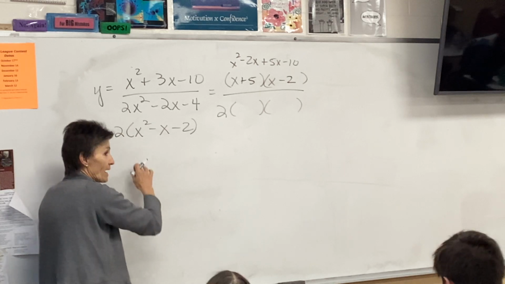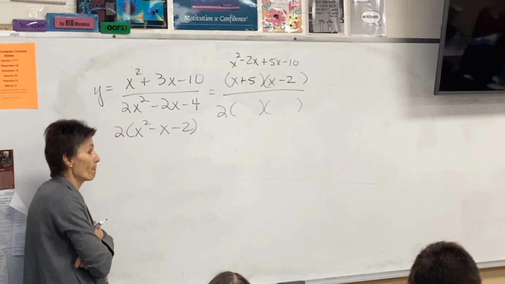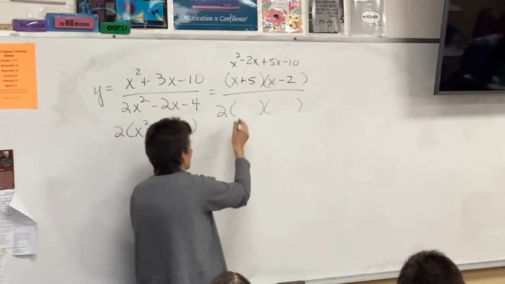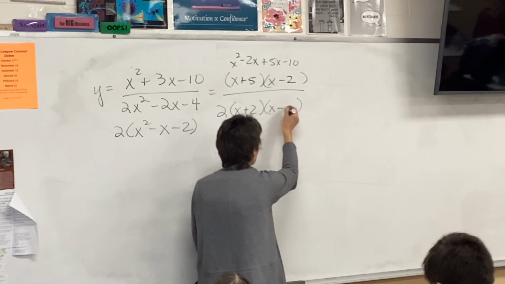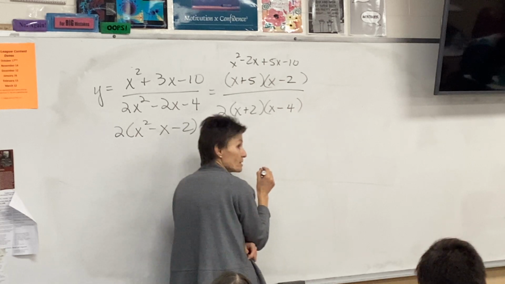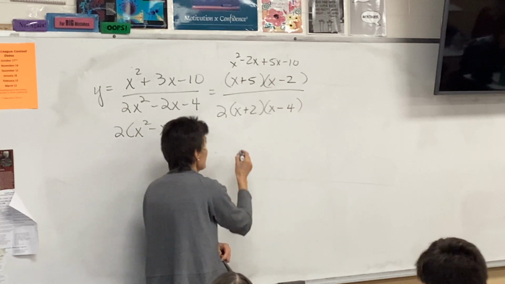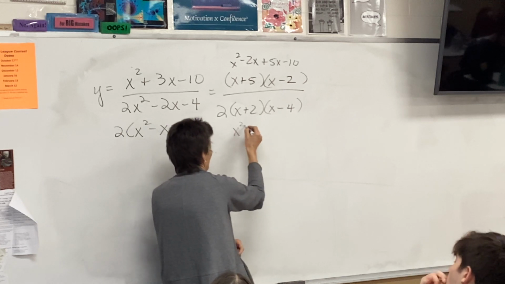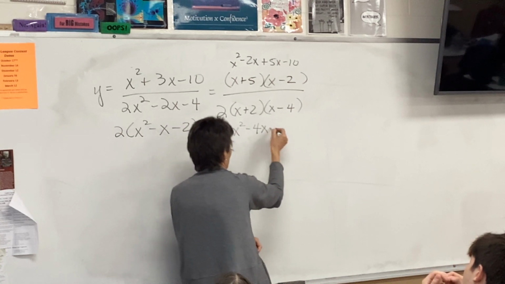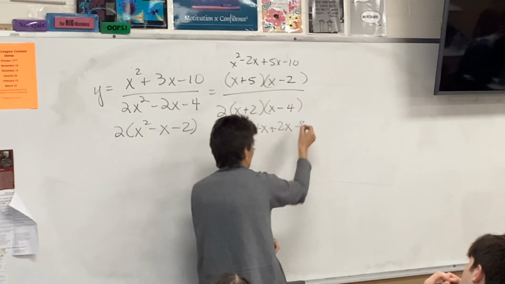How is he going to factor? X plus 2, x minus 4. Alright, let's double check that. That's our guess. What happens when I foil this back together? I get x squared minus 4x plus 2x minus 8. Is that what I wanted?